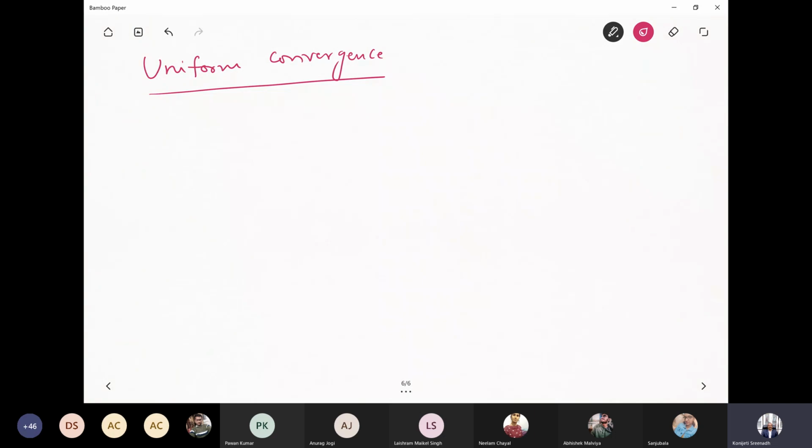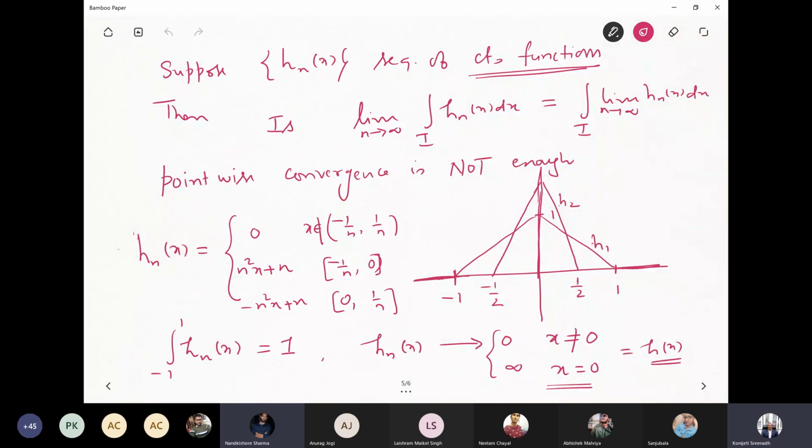And those consequences you can see in the Sir. Yeah. Sir, on previous page, when you define h and x, sir, x belongs to -1yn say 1yn, you say 0, and for -1yn to 0 and n square x plus n. So x is contained both cases, मतलब यहाँ पे दोनों में x है included.